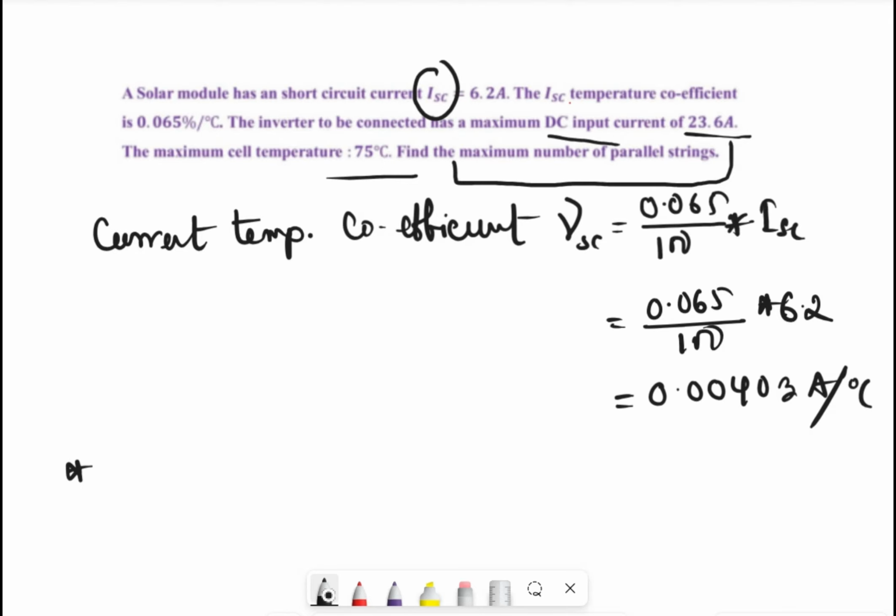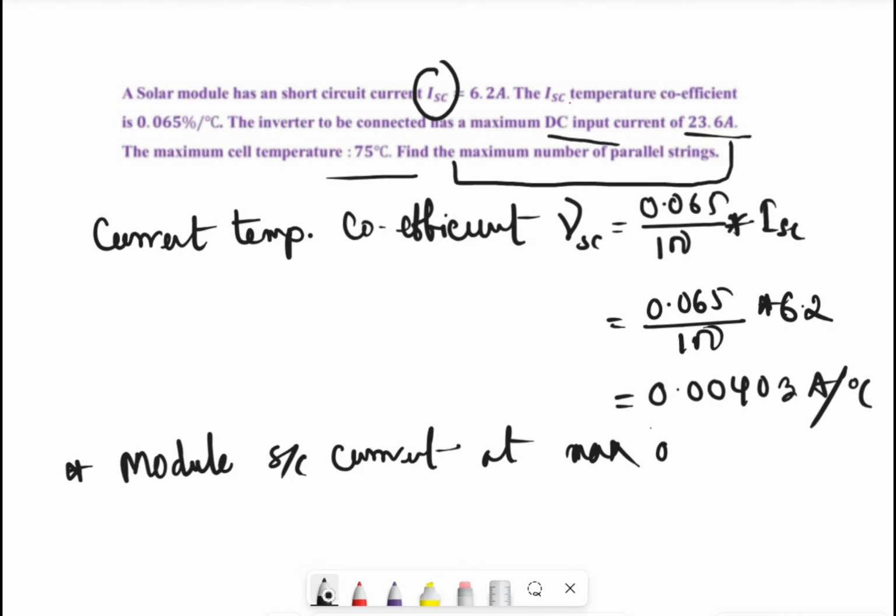Now the module short circuit current at maximum operating temperature, ISC. What is the temperature? Operating temperature is 75 degrees Celsius.